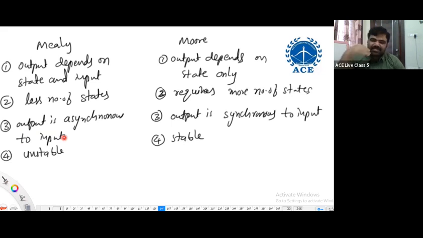In Mealy systems, output depends directly on X, so any variations in X can change the output immediately. In reality that is not required, and in Moore it is not possible.